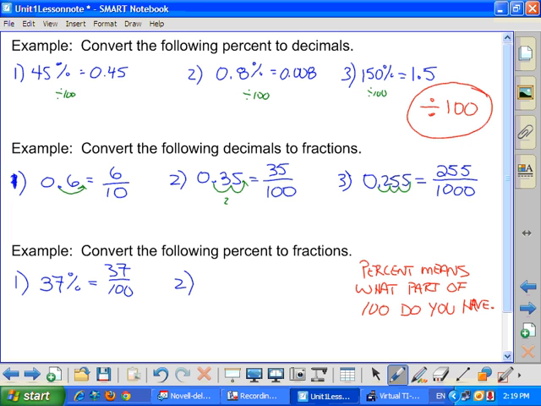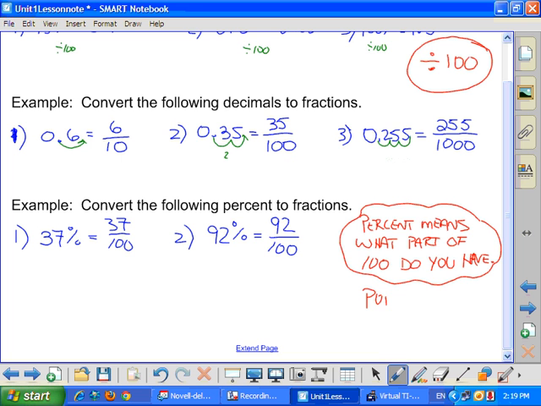If I told you that JC got 92%, you know that you could tell me that if there was 100 questions, he got 92 of them correct. So we just got to put our percentage over 100. All right. So put percent over 100. So percent over 100. Okay, so there we go.